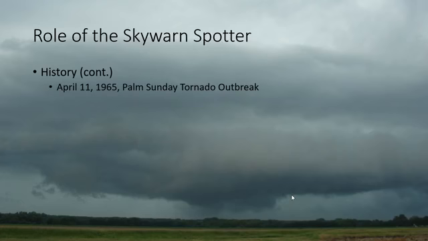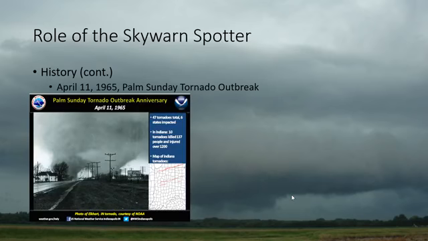The next ones I'm going to kind of skim through. You could look up the history on these if you're interested. April 11th, 1965 was the Palm Sunday tornado outbreak. That was in Indiana. There were 47 tornadoes in 6 states, that's the whole outbreak.